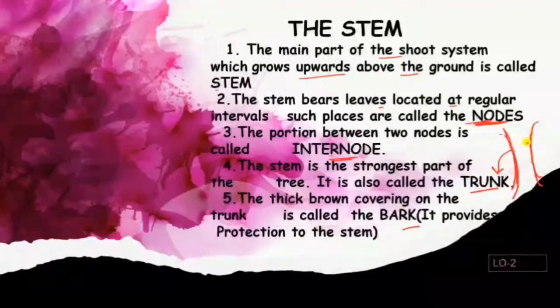This trunk has an outer thick brown covering, and this outer covering is called the bark. This bark provides protection to the stem. In this way, your next learning outcome has been achieved. Now you are able to explain all the characteristics of the stem.